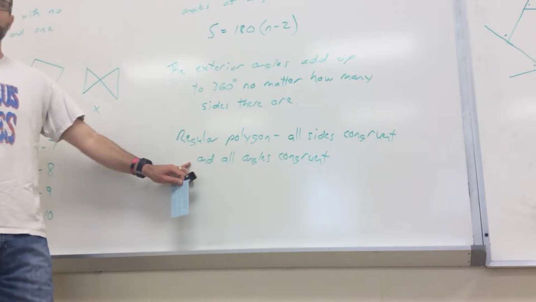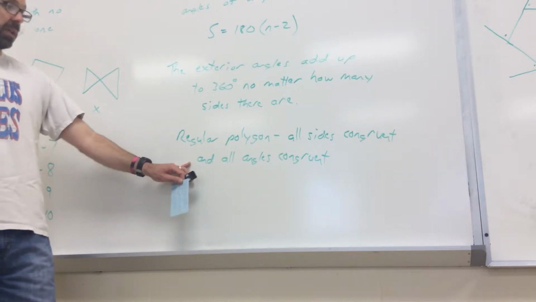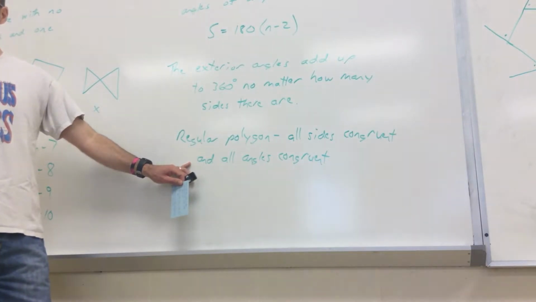A regular polygon has all sides congruent and all angles congruent.